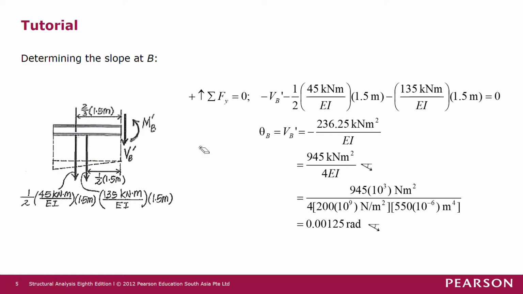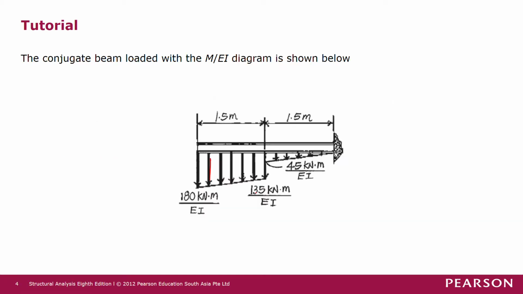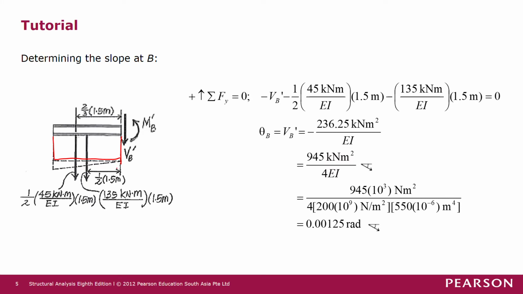Let us first look at the rectangular load. This rectangular load is 135 kilonewton meter over EI, multiplied by 1.5 meters. The distance from point B to the location of this resultant force is half of 1.5 meters.